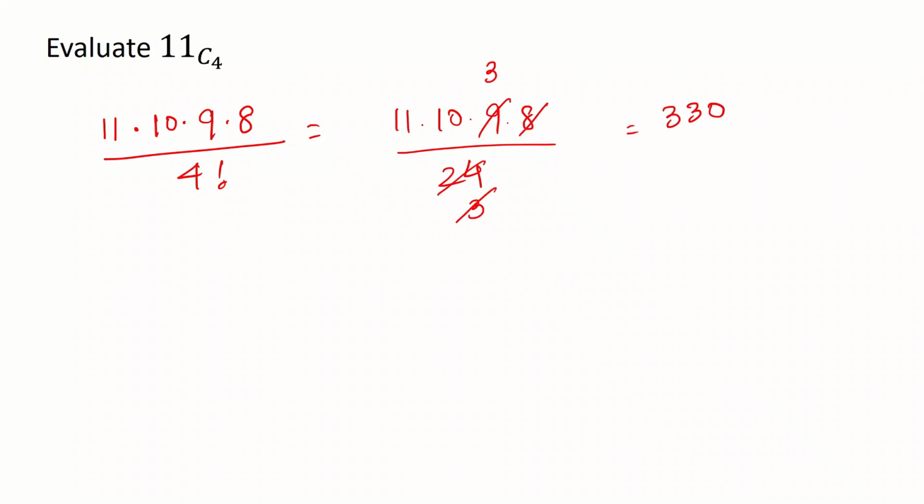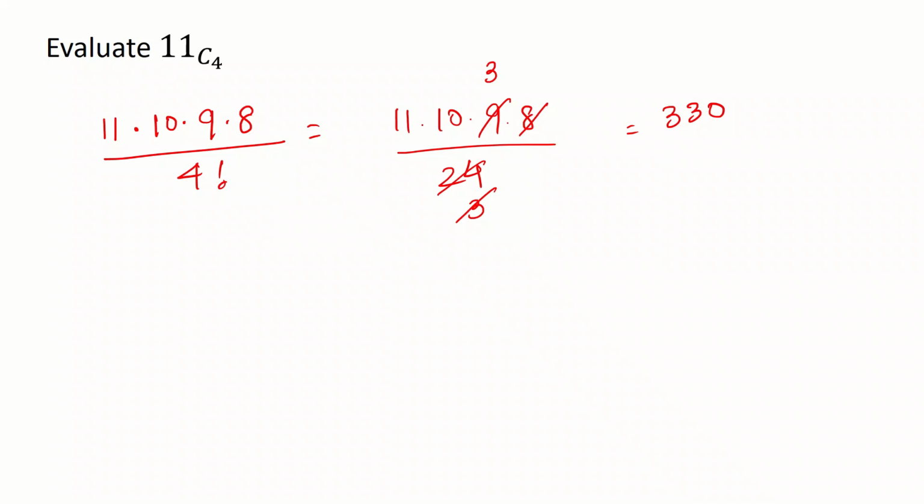Remember that whenever you are simplifying any such combination value, say for example in this case 11C4, or it can be anything, just make sure that the answer is always a natural number, be it P or be it C, be it a concept of permutation, be it a concept of combination. All these values, 11C4, 11P4, 10P5, 10C8, all of these will always give you a natural number as your answer.